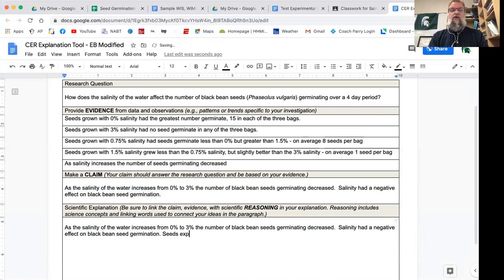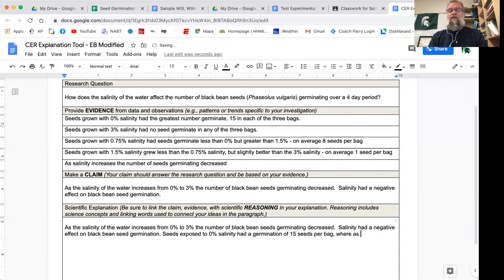Seeds exposed to 0% salinity had a germination of 15 seeds per bag.